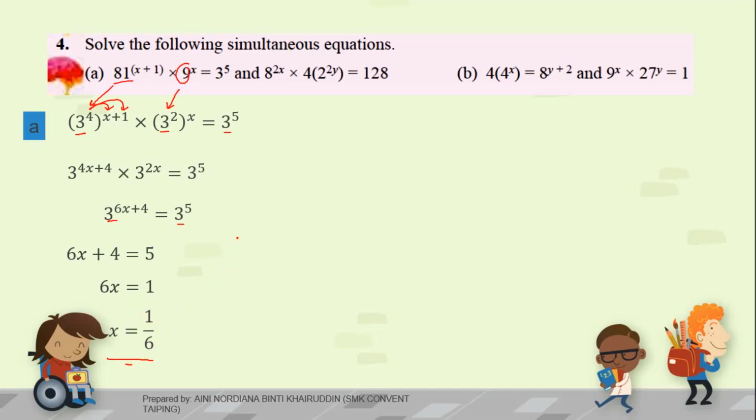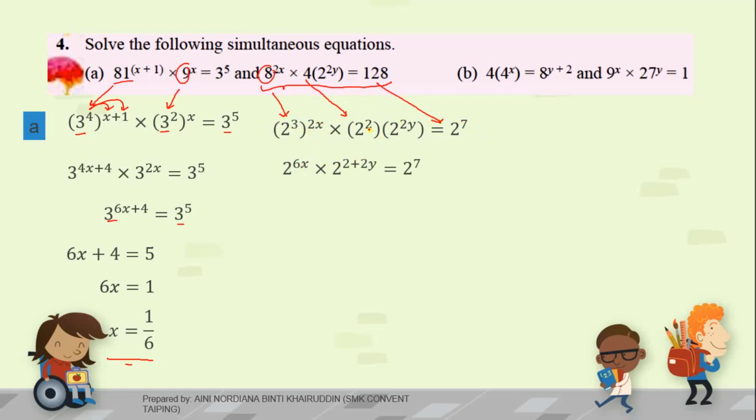So here, we get the answer for x. And for the second equation, we solve this. 8 change to 2 to the power of 3 to the power of 2x. 4 here I change to 2 squared. This remains unchanged. And 128 I change to 2 to the power of 7. So 3 times 2x is 6x.